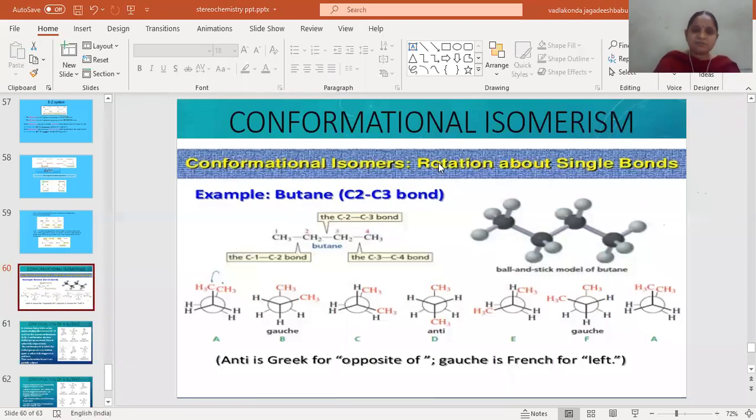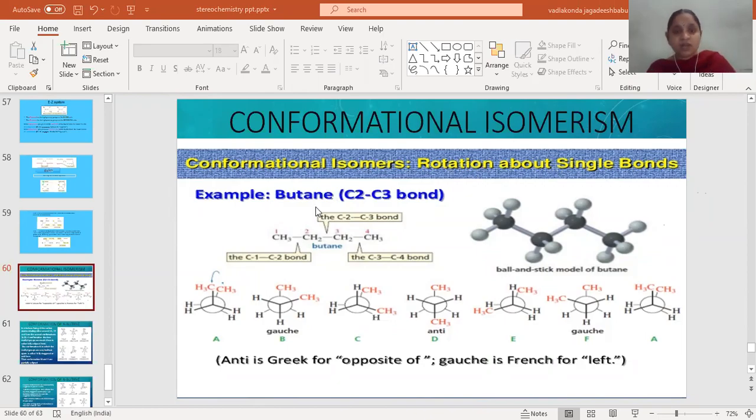Conformational isomerism arises by the rotation of carbon-carbon single bond. If there is a restricted rotation, they are configurational isomers, whereas conformational isomerism means where there is a possibility of interconversion of one isomer to another isomer by the rotation of the single bond.